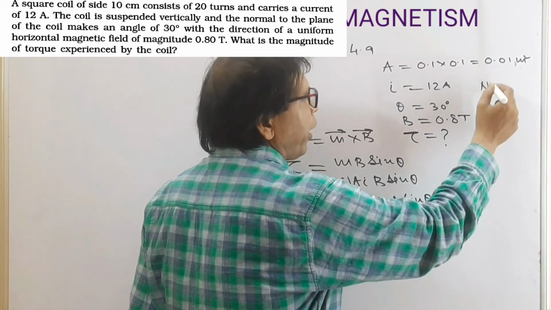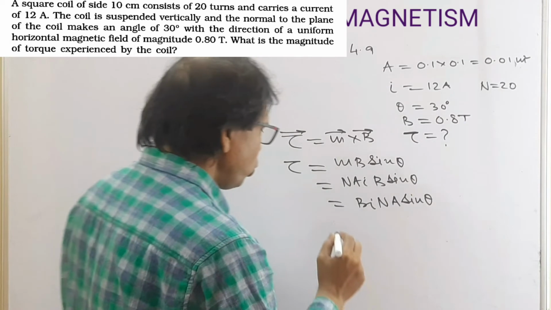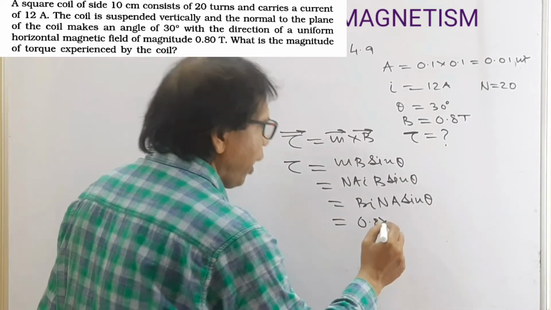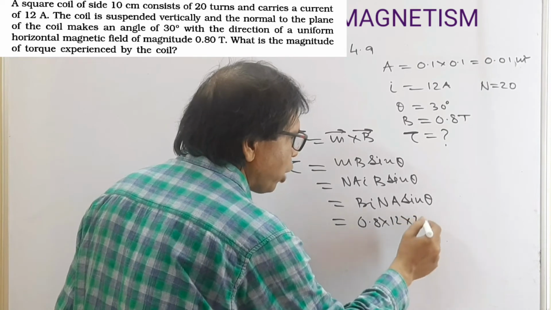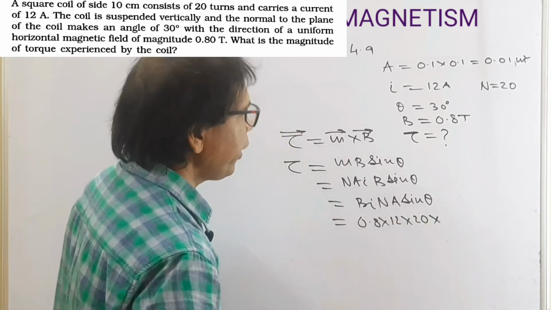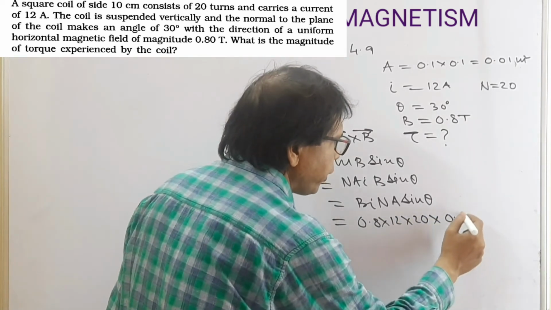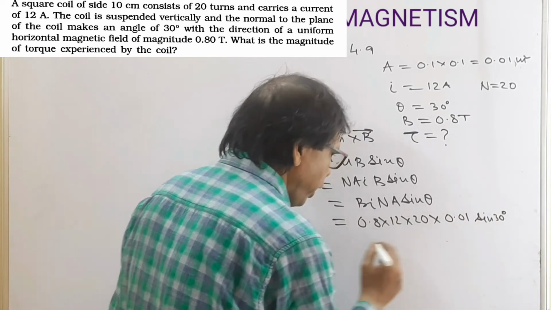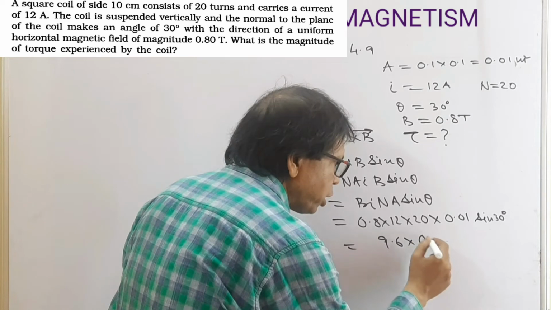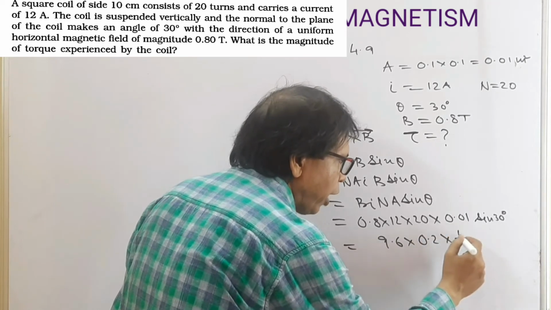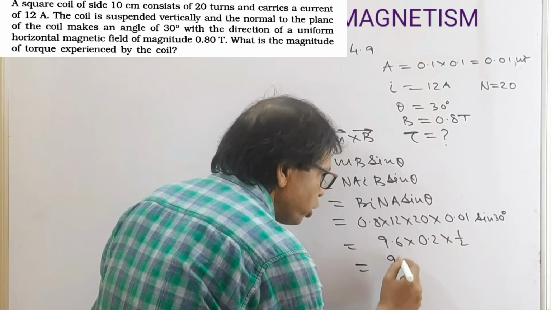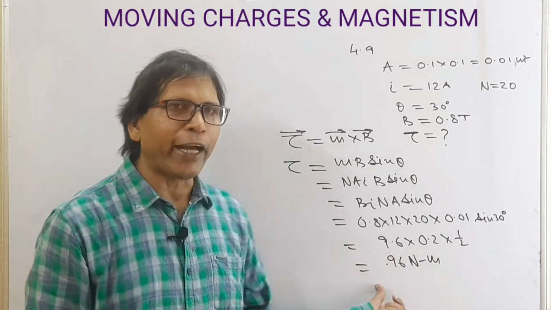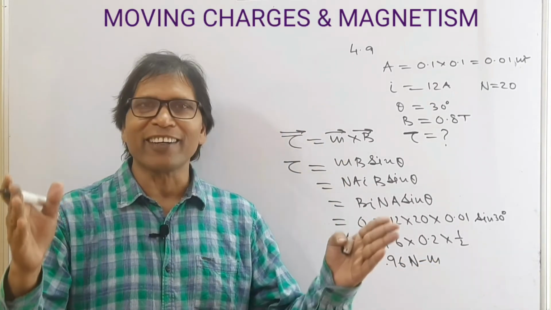Here number of turns N equals 20, B is 0.8, I equals 12, N equals 20, area A equals 0.01 and this is sin 30 degree. Okay, this is 9.6, this is 0.2 and this is half. So this is 0.96 Newton meter, the torque experienced by the square coil.